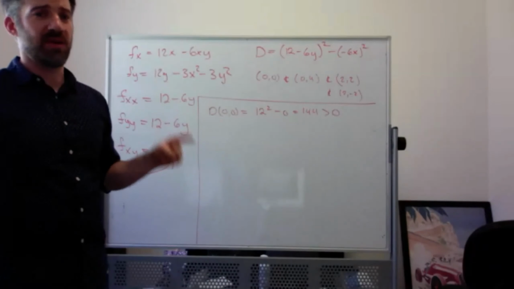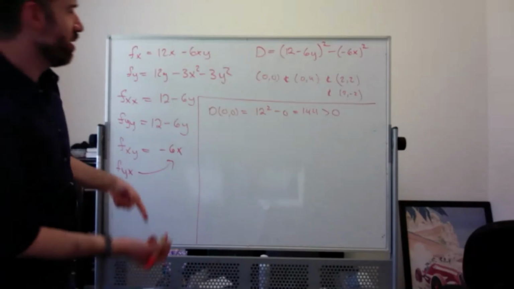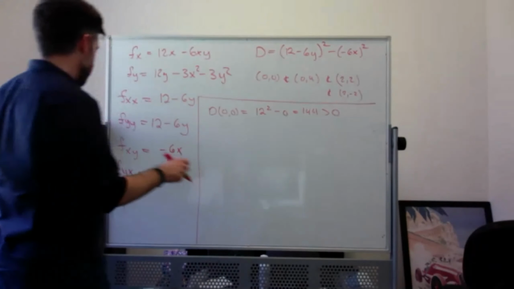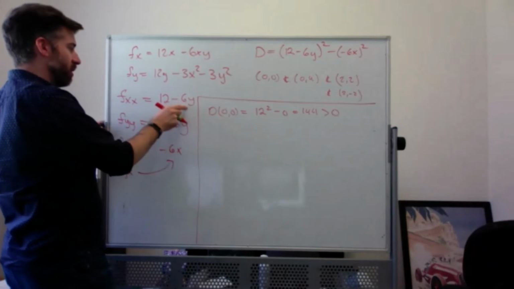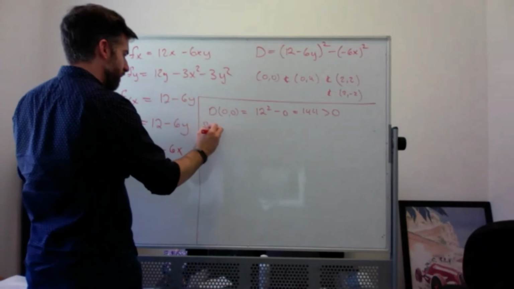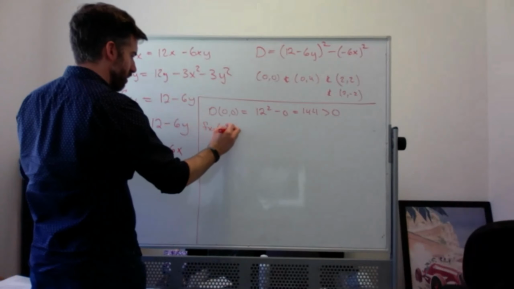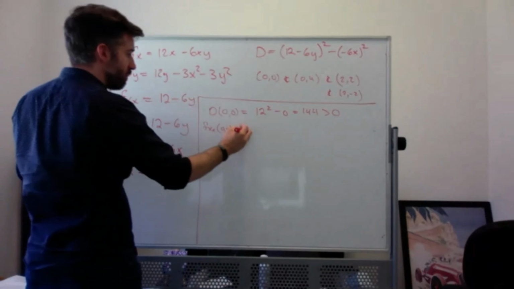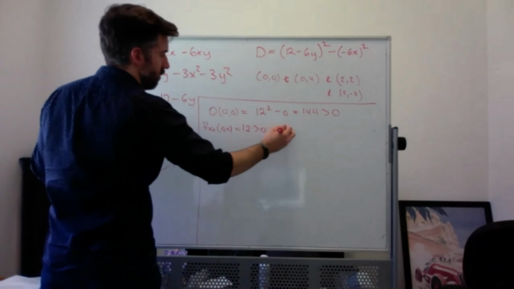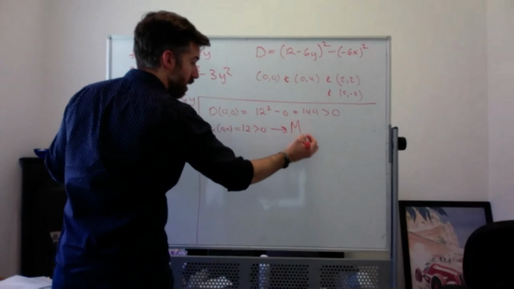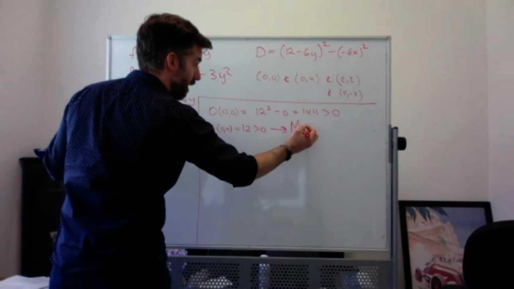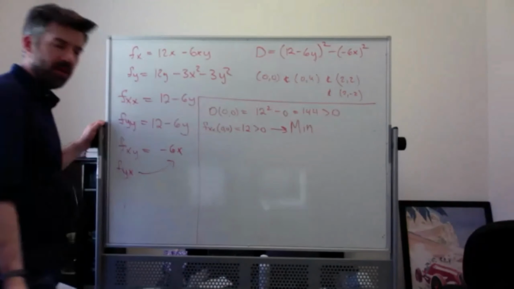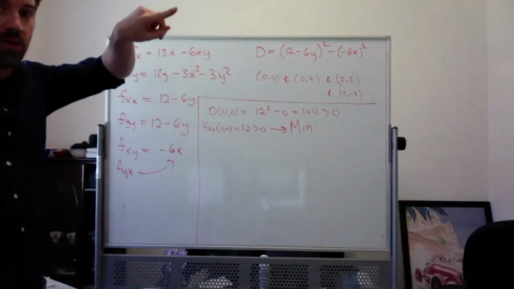What I say is it means we have more work to do. So then we go back and we look at fxx and fyy, and we plug in (0, 0). fxx evaluated at (0, 0) is 12, which is positive, which means we have a maximum? No, wait, minimum. Sorry. Yes, a minimum, right? Because it's concave up.